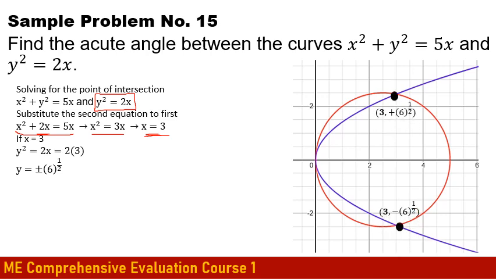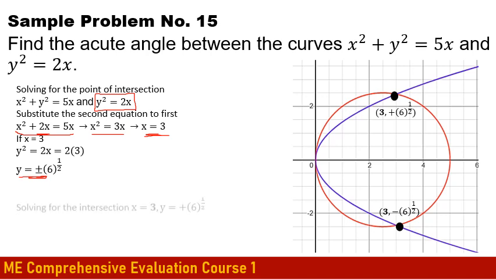So our ordered pairs would be (3, 6 to the power of 1/2) and (3, negative 6 to the power of 1/2). As you can see, there are two points of intersection.